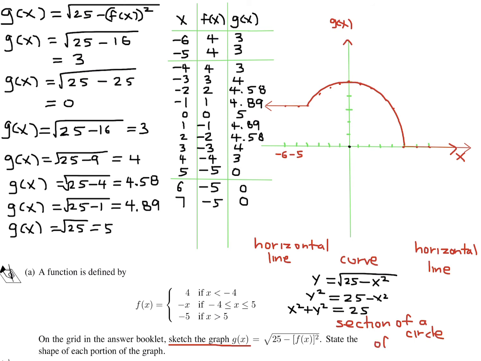Circle of radius 5, I guess. Okay? So that's essentially what they want in this question, and I encourage you to do this on your graph paper and see if you can get this just the way I did.